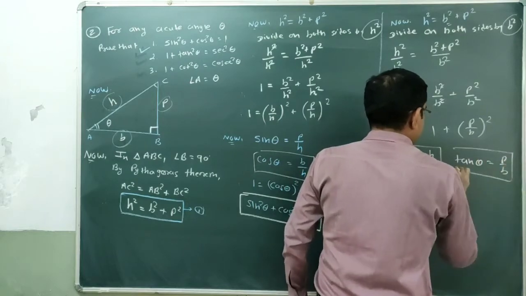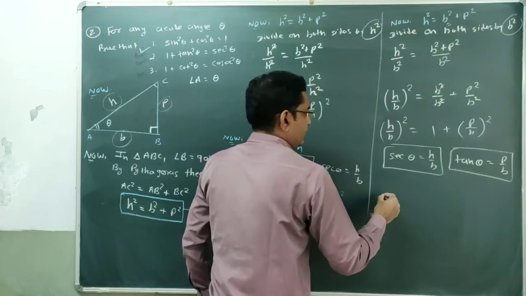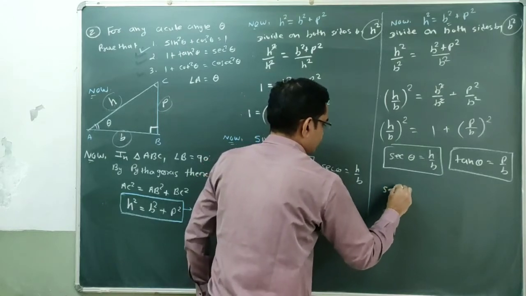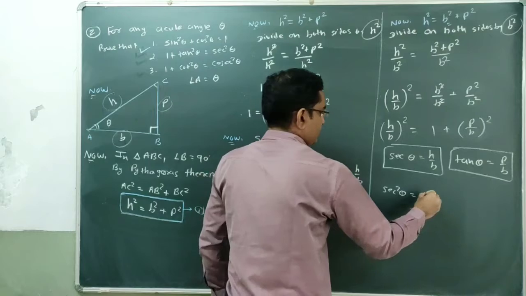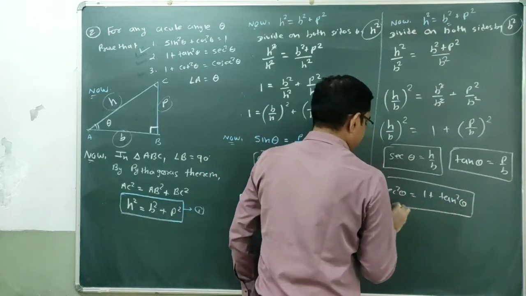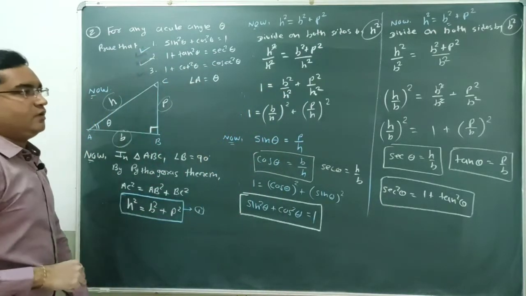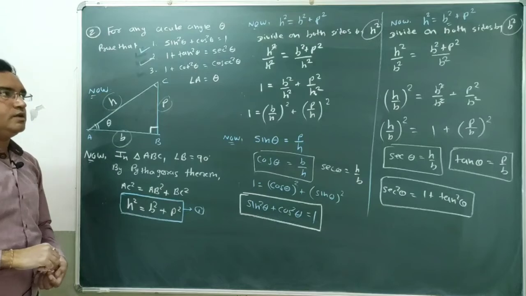So now we are getting our identity, that is sec square theta equal to 1 plus tan square theta, or we can write 1 plus tan square theta equal to sec square theta. Clear students?